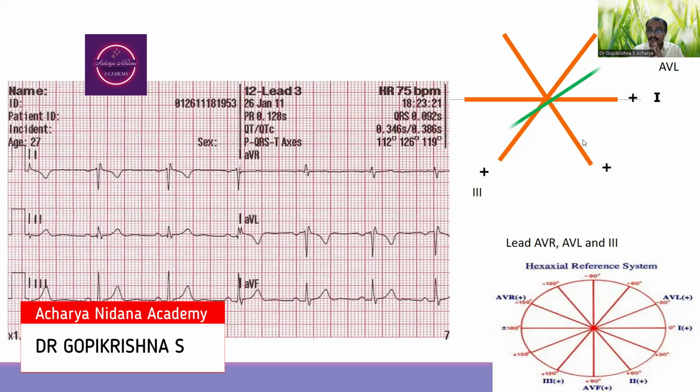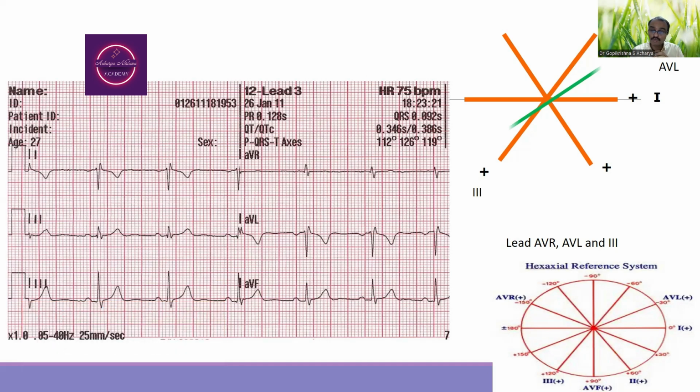The adjacent leads that we have to look into are lead 3 as well as AVL. When you see lead 3, it is having the prominent positive deflection. That means the electrical axis is moving towards lead 3. Whereas if you see lead AVL, it is having the prominent negative deflection.